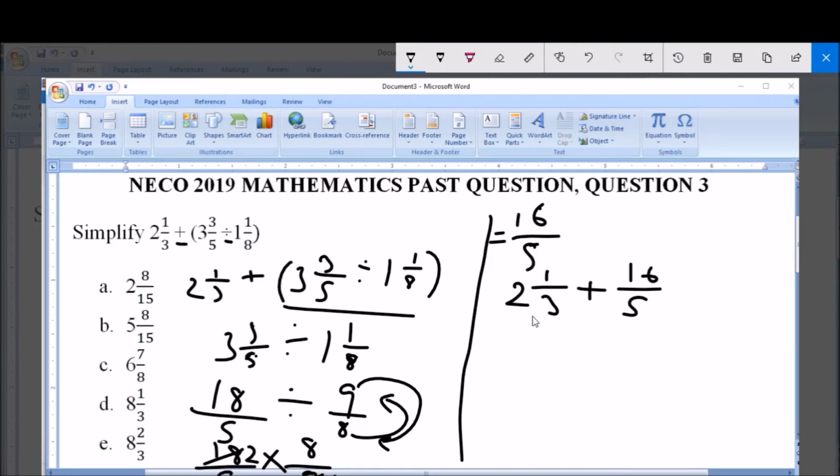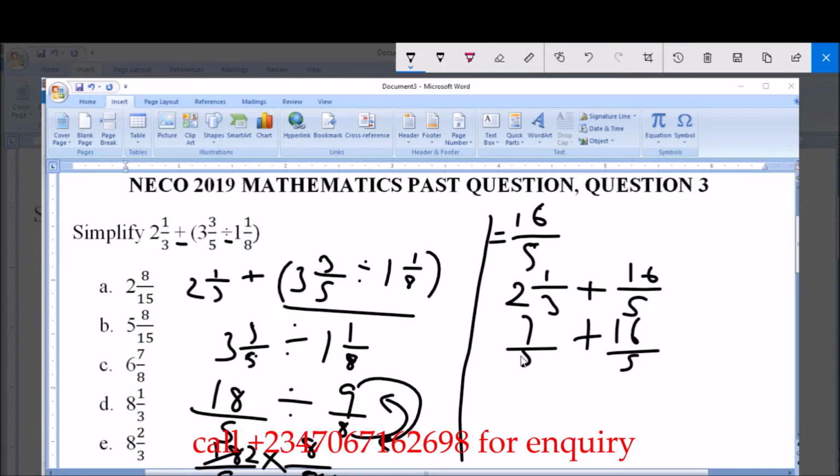Now this is also a mixed number, so we have to convert it to an improper fraction, and by doing that we say 2 times 3 to give us 6, plus 1 will give us 7 over 3, plus 16 over 5. So we have 3 here and we have 5 here. Now let's look for the LCM of 3 and 5.